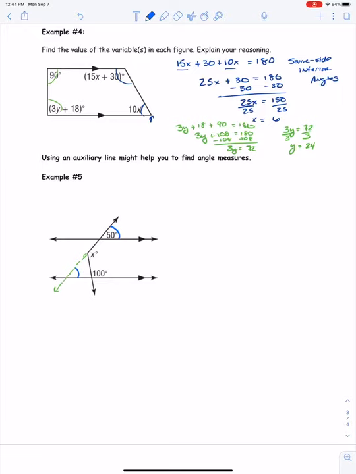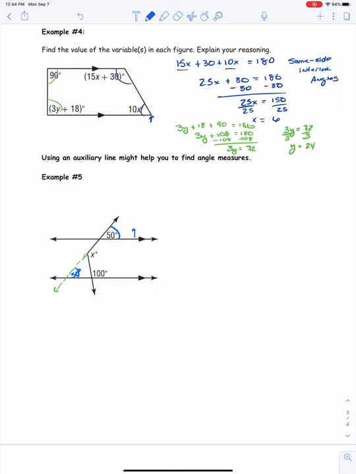Can you think of what they are called? Okay, they are corresponding angles, aren't they? Because this one's on top of this angle and to the right, this one's on top of this angle, and all corresponding angles have to be congruent. So we know that those two angles are congruent.